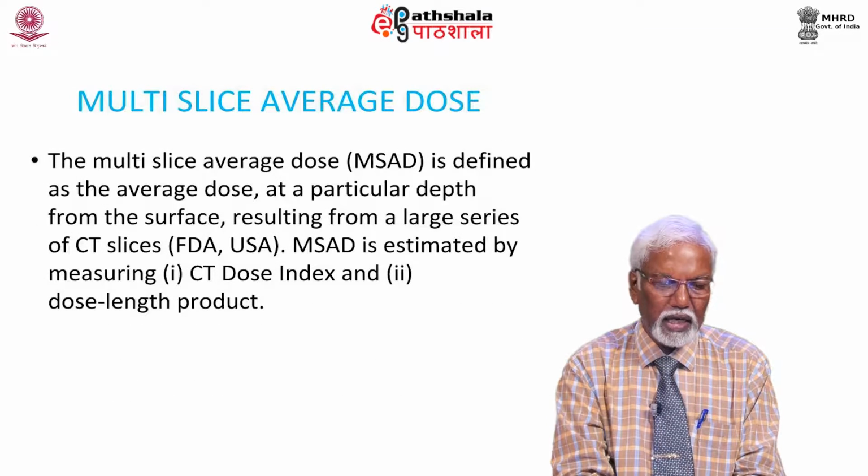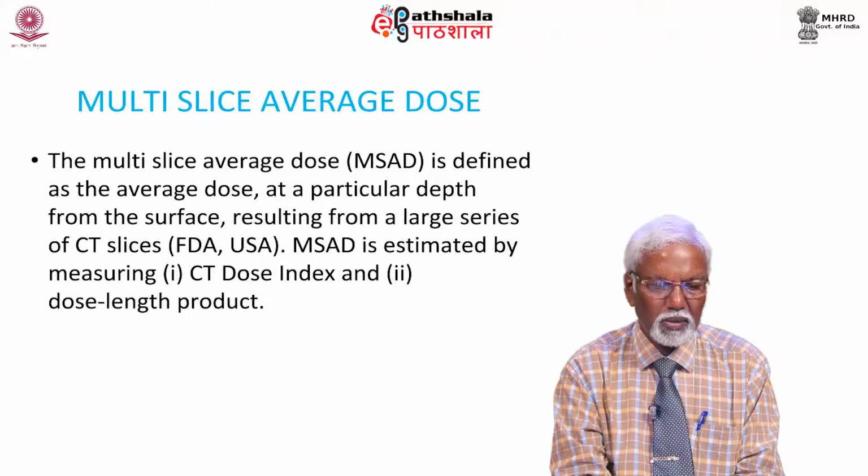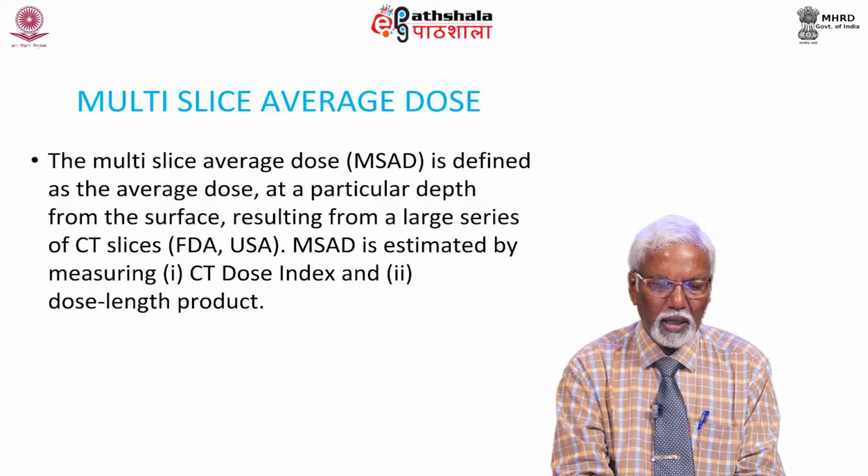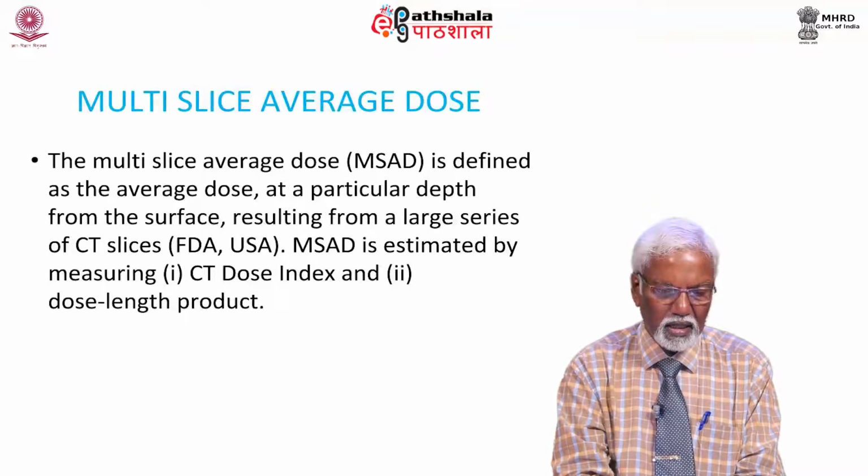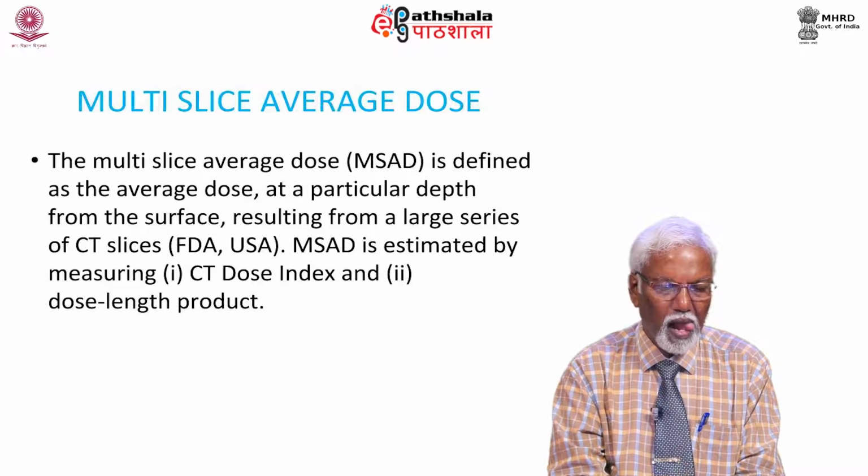To measure the radiation dose, the concept of multi-slice average dose (MSAD) is used. It is defined as the average dose at a particular depth from the surface resulting from a large series of CT slices. It is recommended by the FDA, USA. MSAD is estimated by measuring the CT dose index (CTDI) and dose length product.